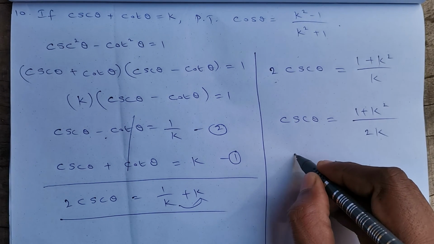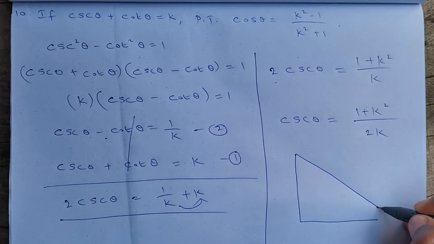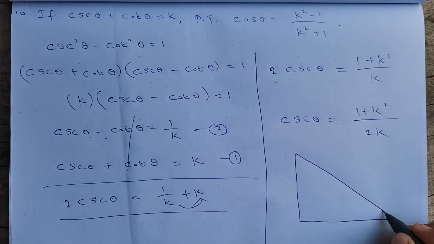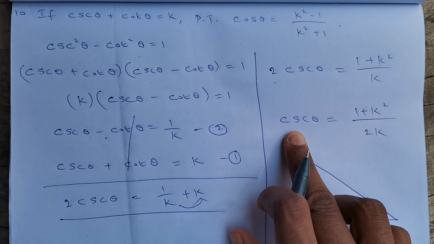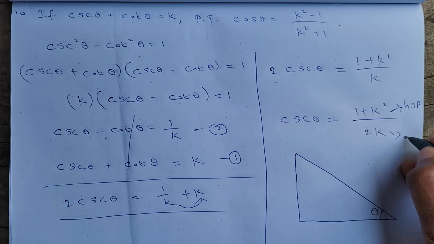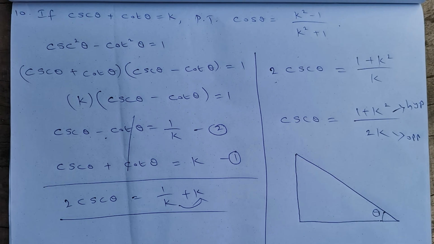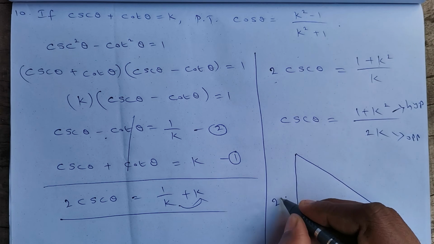Now I am going to draw the triangle. I am taking this as theta. So what does cosecant represent? Hypotenuse by opposite. So this will become hypotenuse and this will become opposite. So for theta, opposite is this one, that is 2k.